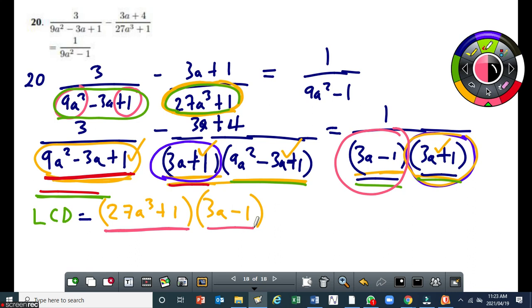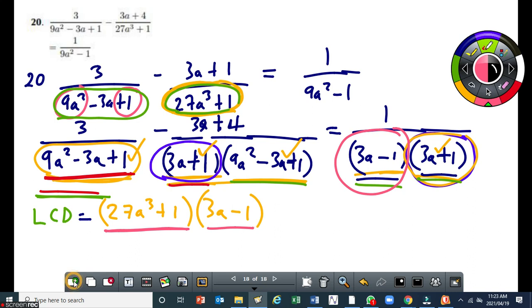Okay, then from there, let's multiply every term on the left and the right by the LCD. I'm going to move on to the next page.